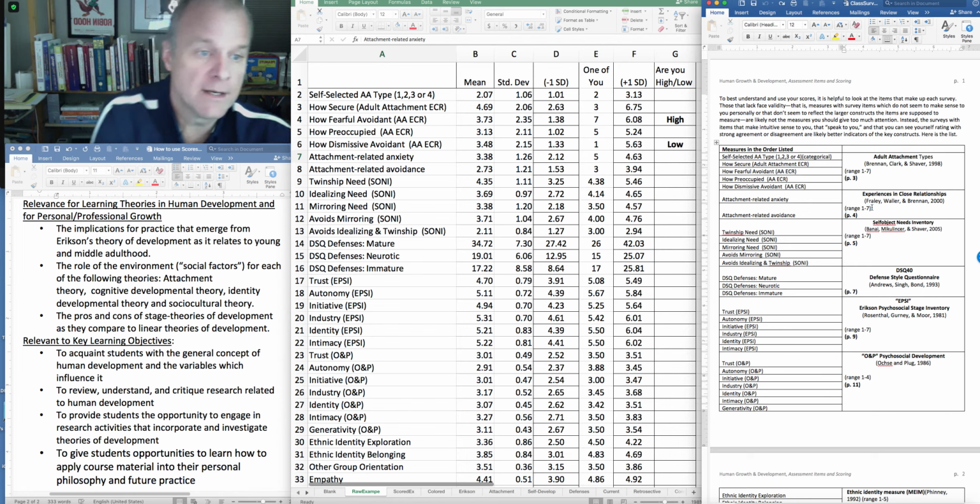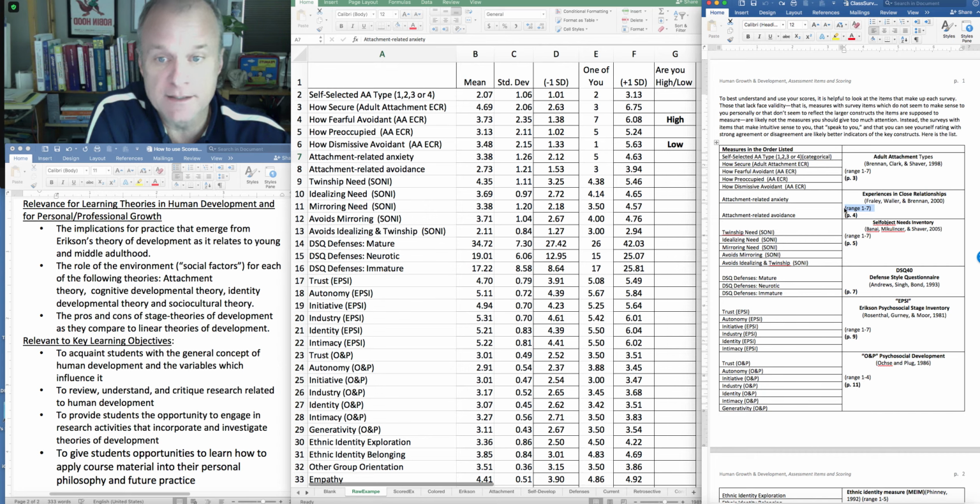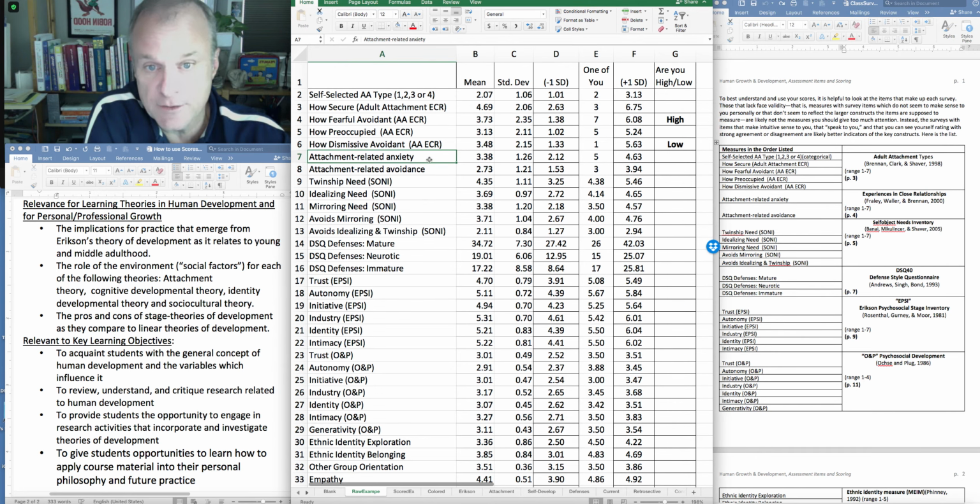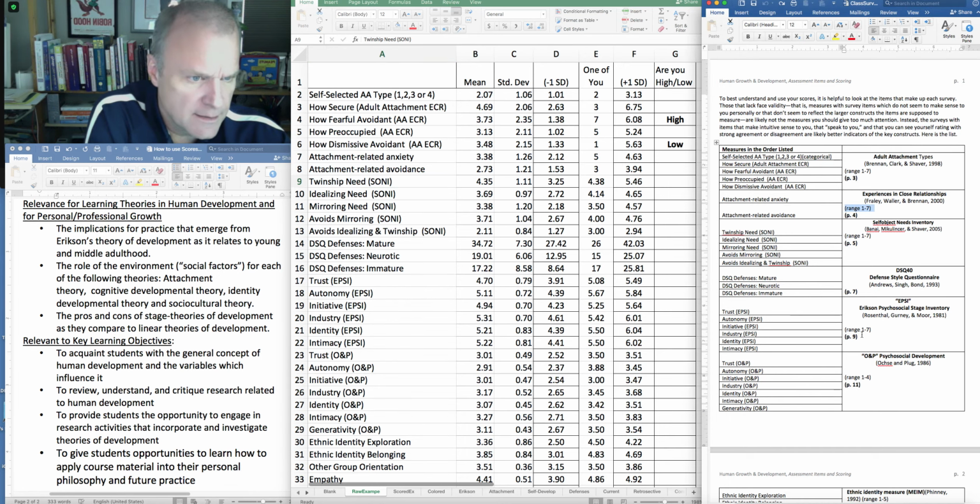And notice here, the range is going to be different, and I tried to include the range of the scales. So on this scale, as it's used in the literature, it's a 1 to 7 possibility, whereas on the Sony scale we'll go to next, where's Sony, right? Oh, Sony's 1 to 7 too. Sorry.